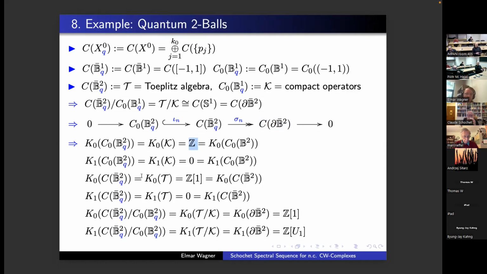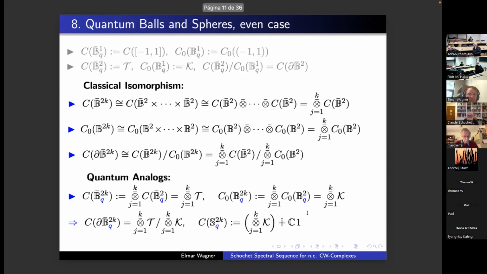While the Toeplitz algebra, a closed ball, has K-theory K0 is just Z, and K1 is 0, as it should be. And if you take the quotient, the boundary circle, of course, that's the classical circle, has the same K-theory as one circle as we had before. So from these, this is enough.